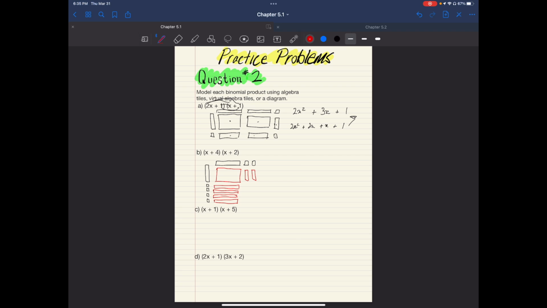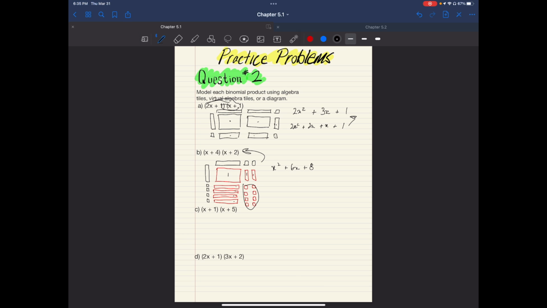Now we're going to have 8 individual units here. If we count those up, it should give us x squared, which is this guy. Then we've got 1, 2, 3, 4, 5, 6, plus 6x, plus 8, which is this group. If you expand this, this is what that will equal.